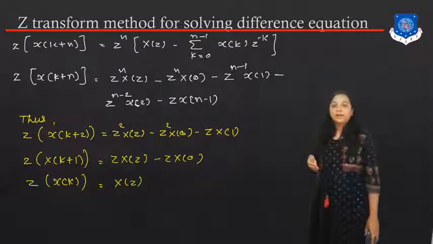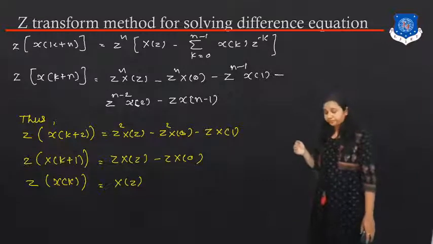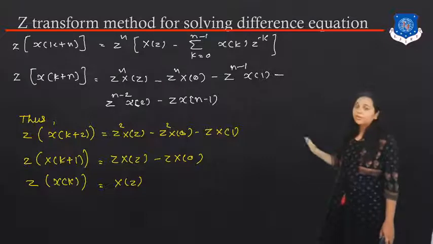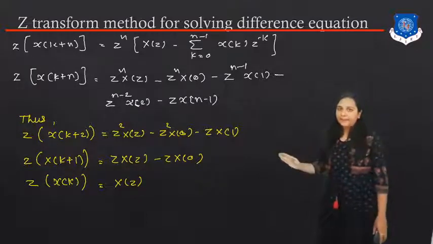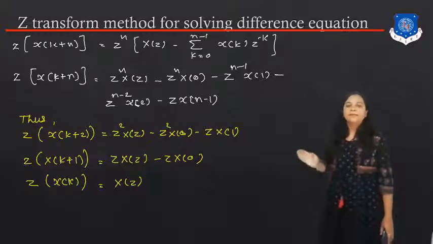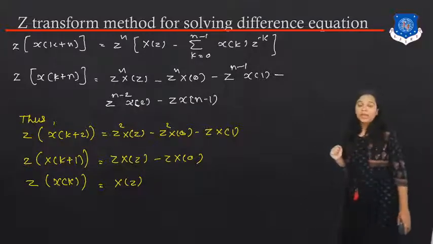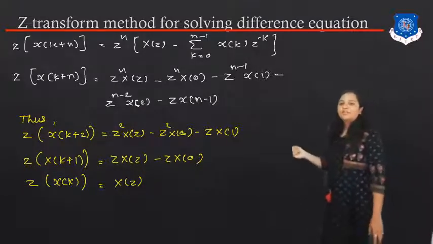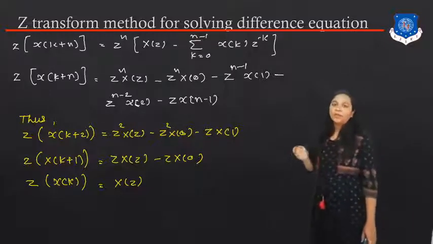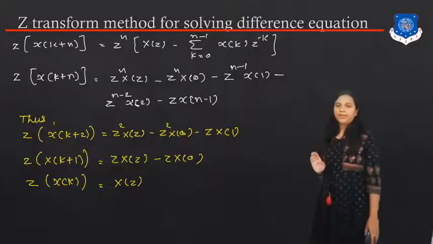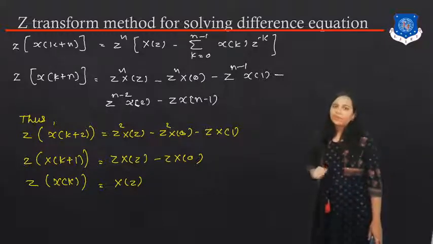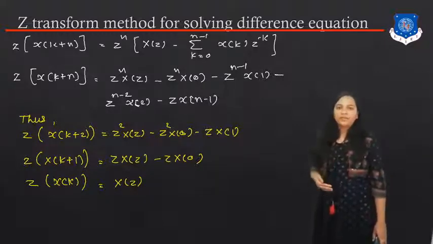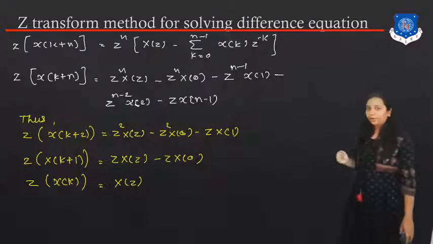Simply we have again converted these two equations, put n is equal to 1, so we can get Z of x of k plus 1 is equal to z x of z minus z x of 0, and in the last Z of x of k is equal to x of z. Clear? So in the last three equations, simply we can put the values one by one and we can get this type of equation.